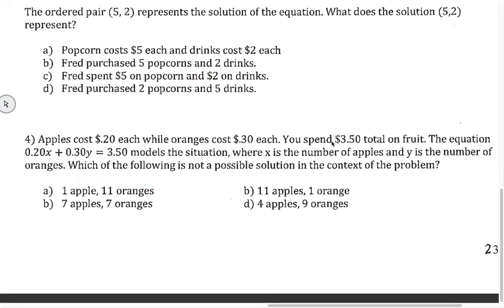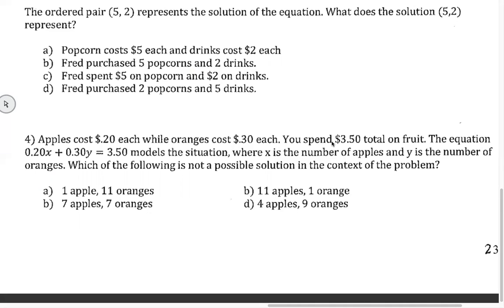All right, Jordan, apples cost 20 cents. Our oranges cost 30 cents. You spent $3.50 total on fruit. The equation 0.2x plus 0.3y equals 3.50 models the situation where x is the number of apples and y is the number of oranges. Which of the following is not a possible solution?